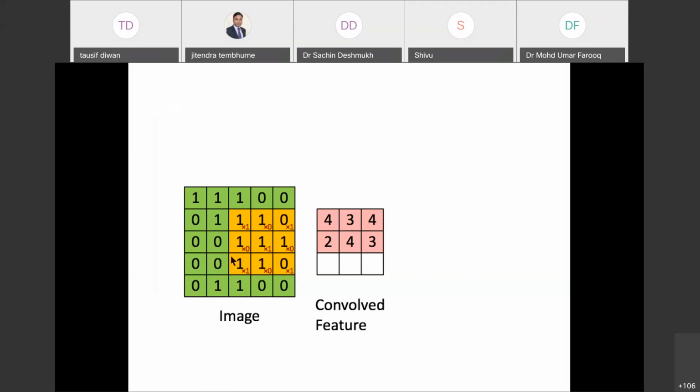Okay, tell me what is the size of input? Size of input is 5 cross 5. Yeah, 5 cross 5 is the size of input. This 5 and this 5.